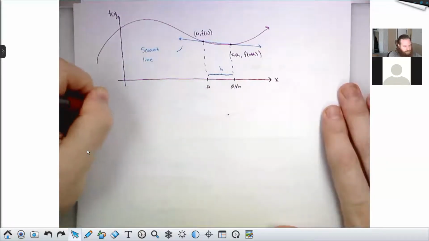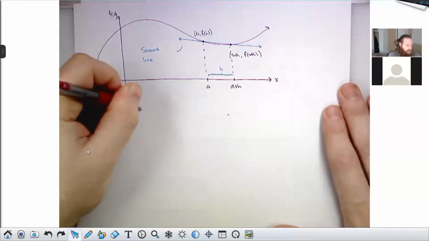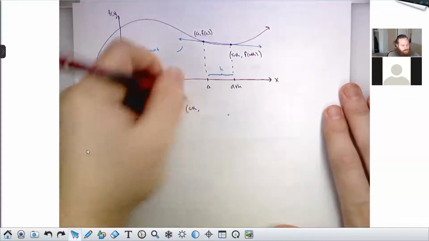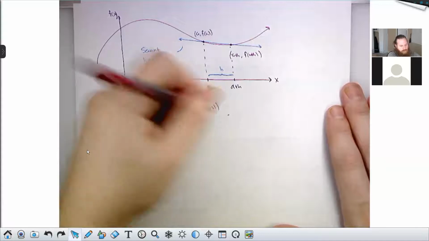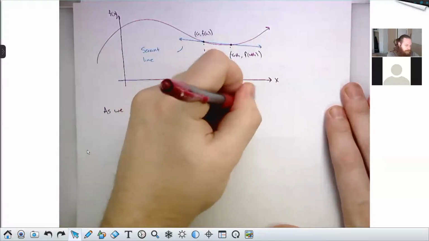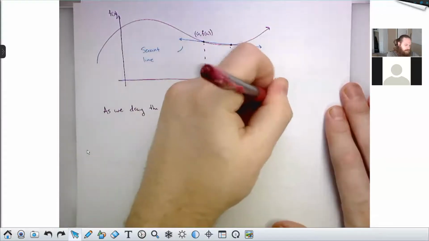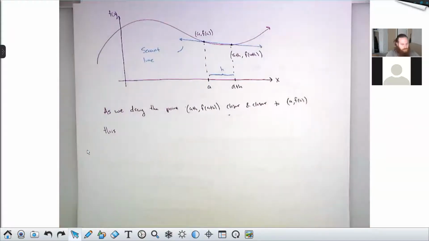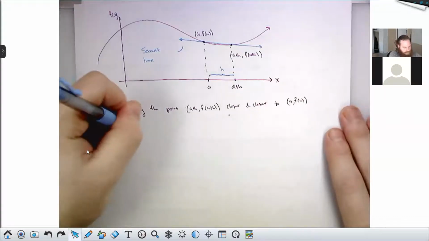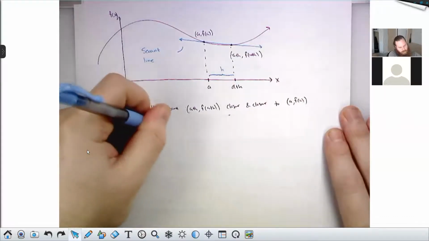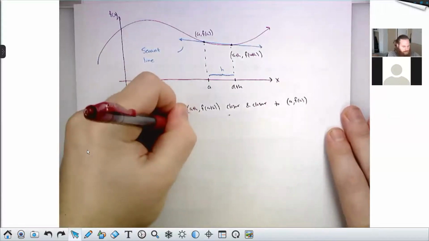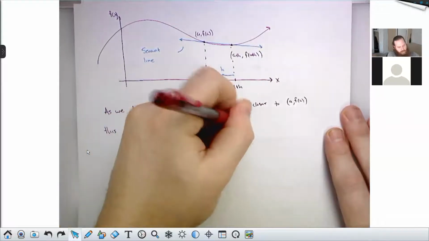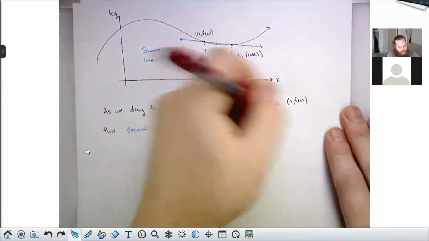We'll say this: as we drag the point a plus h, comma, f of a plus h, closer and closer to the point a, comma, f of a, this secant line gets closer and closer to the tangent line.